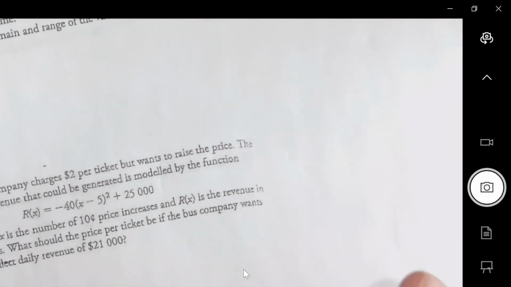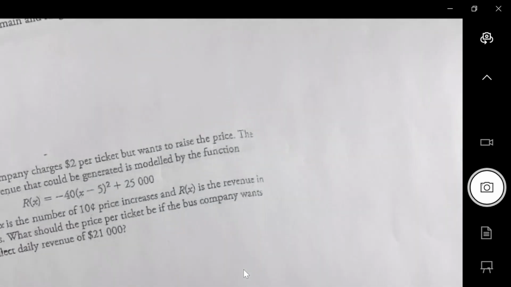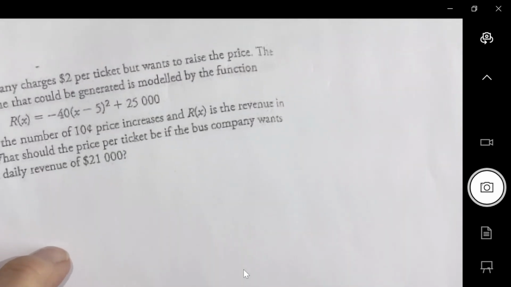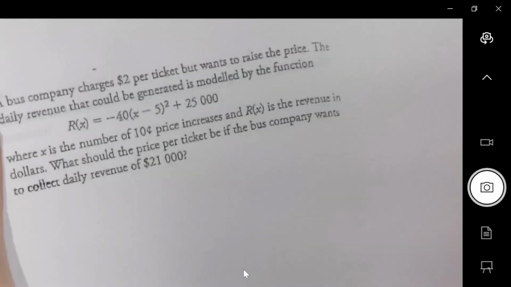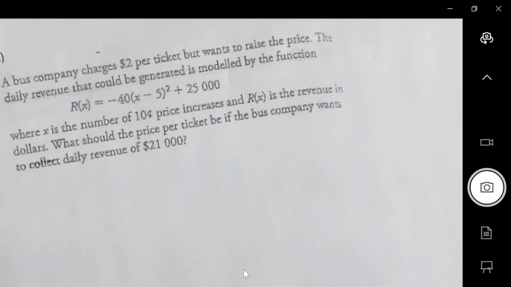Okay, let's go to this bus company one. It says a bus company charges $2 a ticket and they want to raise the price. The revenue they're making is given by this equation. X is the number of 10-cent increases and the R part is the revenue.